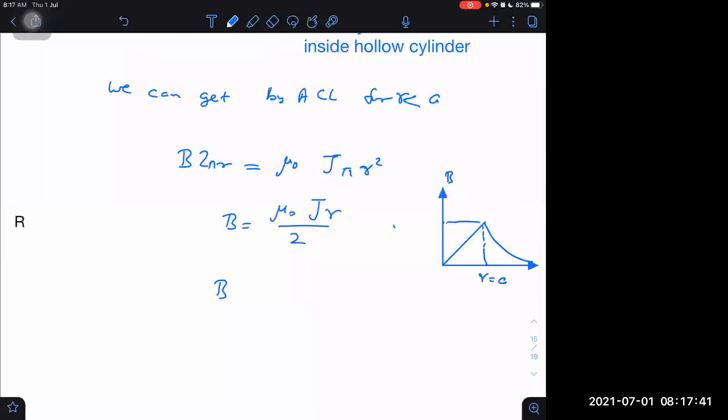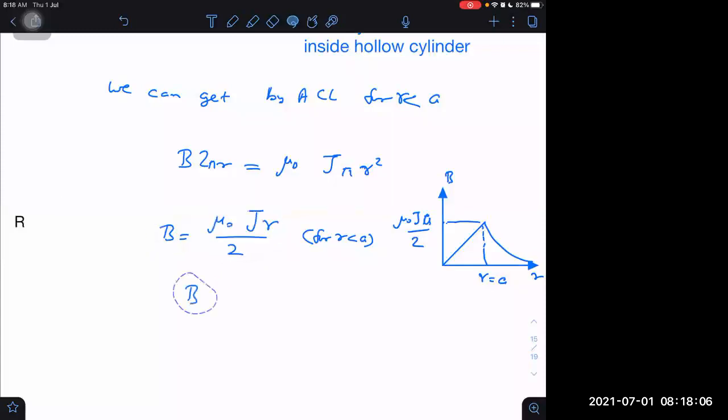At the surface, it is mu naught into J into capital A by 2. A is the radius. So this formula is for r less than A only.